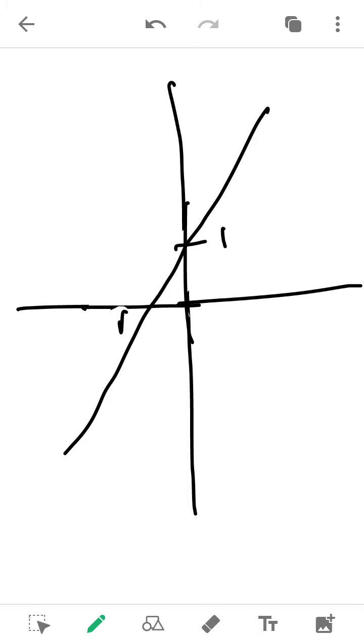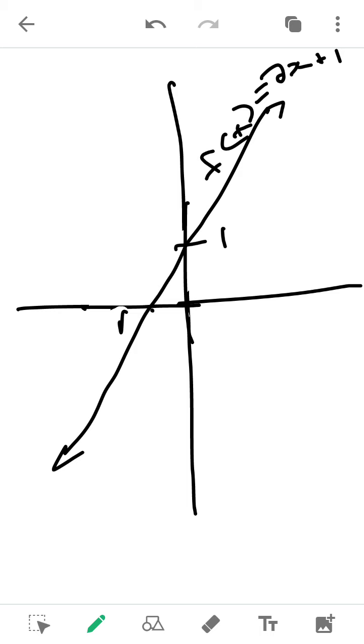So this is the graph of f of x equals 2x plus 1.